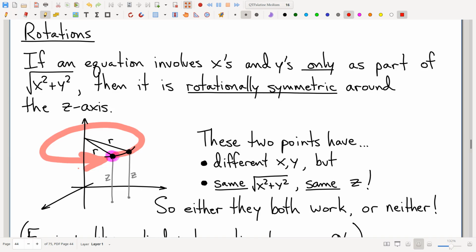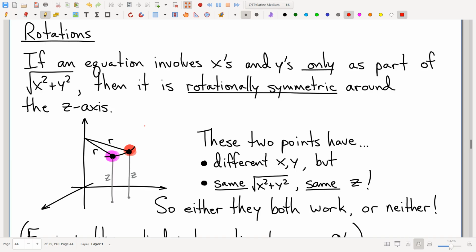So I'm going to rotate around the z-axis, and let's consider in particular one of the points that I get as I rotate the original point around the z-axis. Now I've got 2 points. Is everybody with me so far? These are different points, different coordinates. If you plug them into an equation, you're plugging in different numbers. You would expect different results.